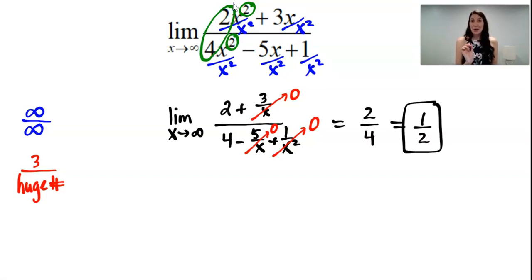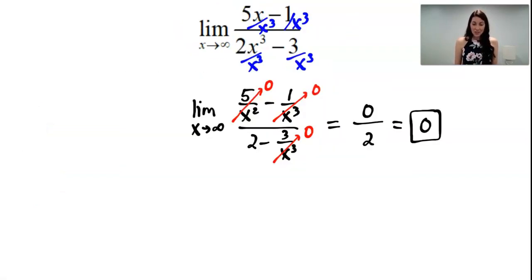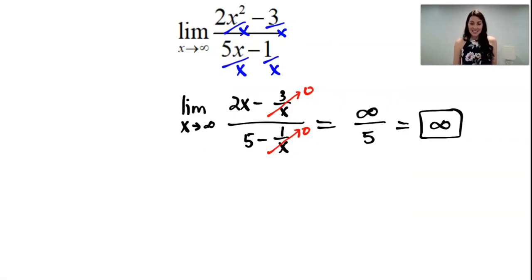That's when the degrees are equal. When the degree in the denominator is larger than the degree in the numerator, your limit will always equal 0 as long as x is approaching infinity. And then the final shortcut is if the degree in the numerator is larger than the degree in the denominator, the limit as x approaches infinity will always be infinity.